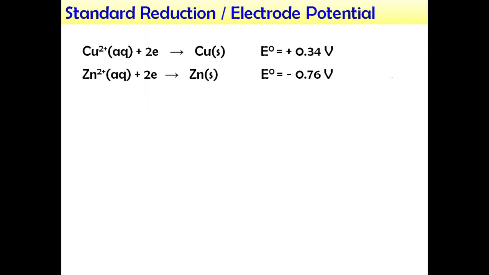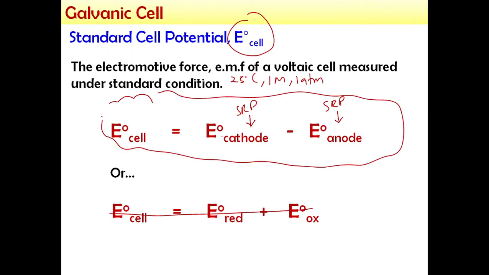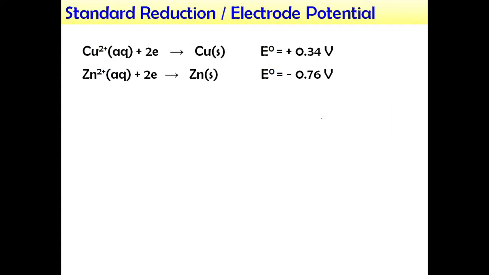Jadi, sebelum kita nak kira E0 cell, kita kena tentukan cathode dengan anode dulu. Sebab kalau tak tahu cathode, tak tahu anode, okay, macam mana nak masukkan ke dalam formula? So, based on the SRP value yang kita ada, first, let's go through the value untuk tentukan cathode dengan anode.